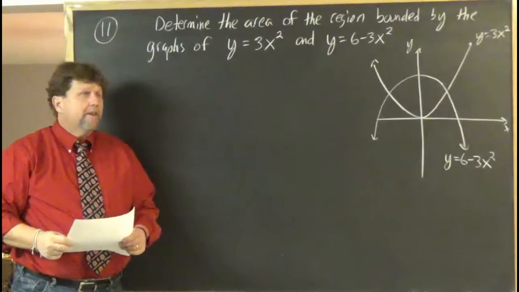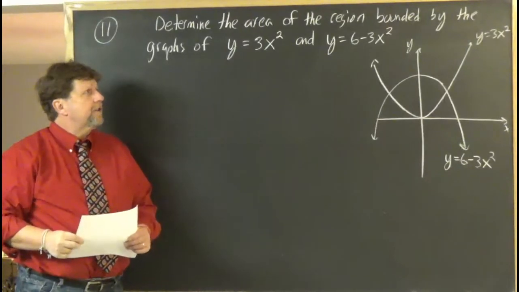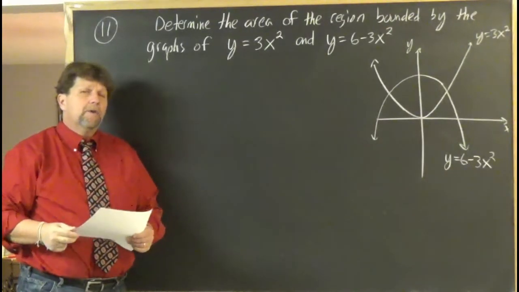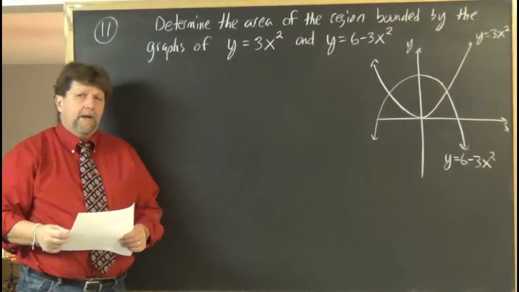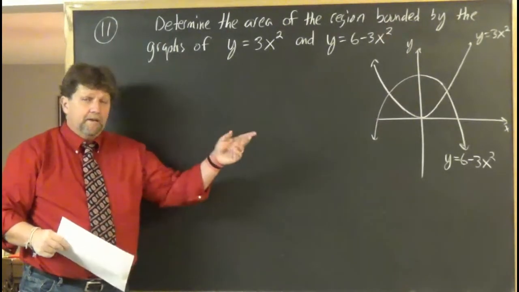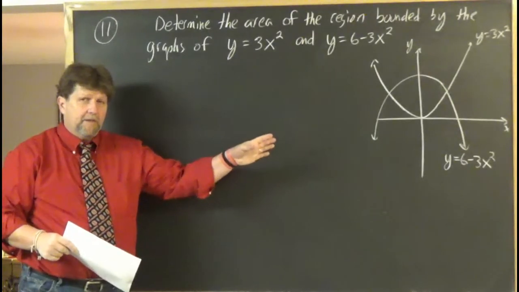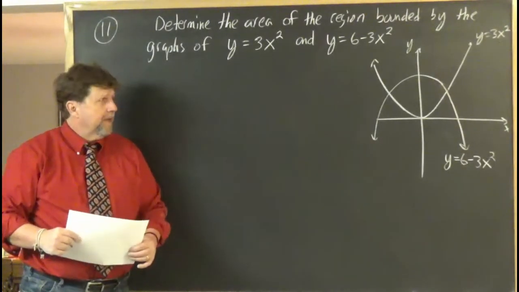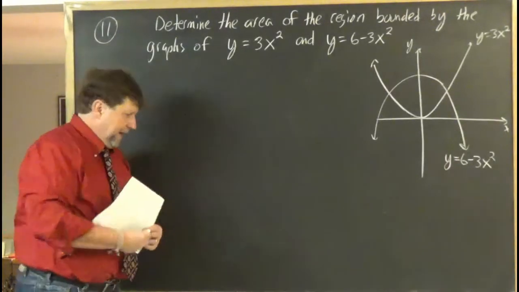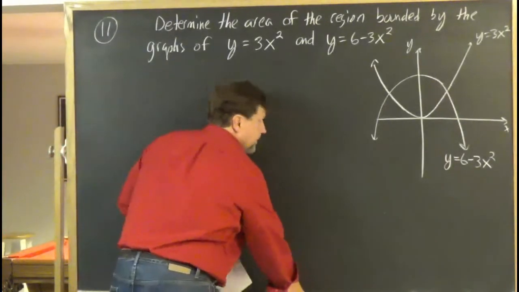All right, in number 11, you were asked to determine the area of the region bounded by the graphs of y equals 3x squared and y equals 6 minus 3x squared. I've already sketched the graphs of each of those functions on the right side of my chalkboard. Next I would put in a representative rectangle.